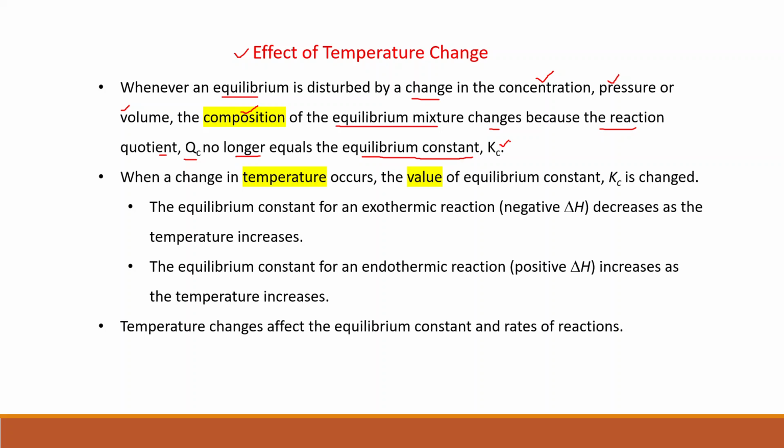When we change the concentration or pressure, Qc will change, and if we compare with Kc, the reaction may go in the forward or the reverse direction depending on the change. But when we change the temperature, the value of the equilibrium constant, Kc, changes.